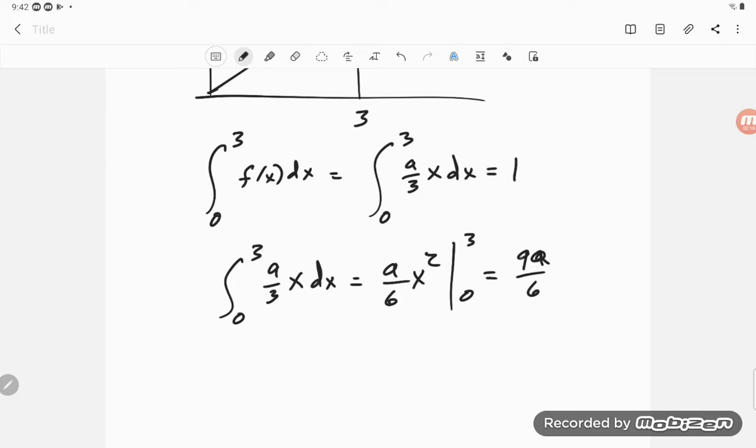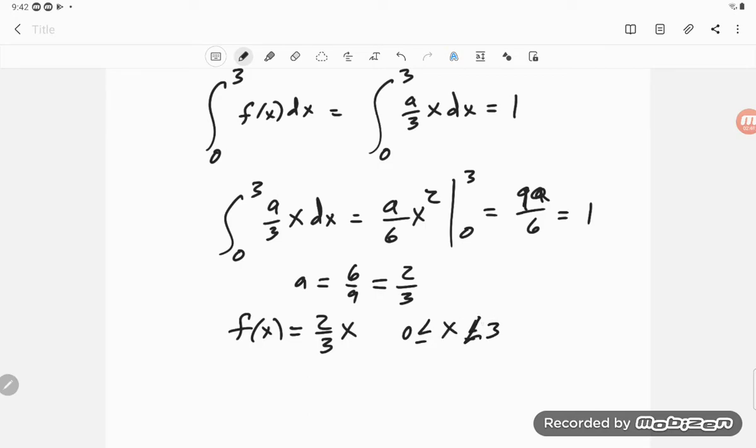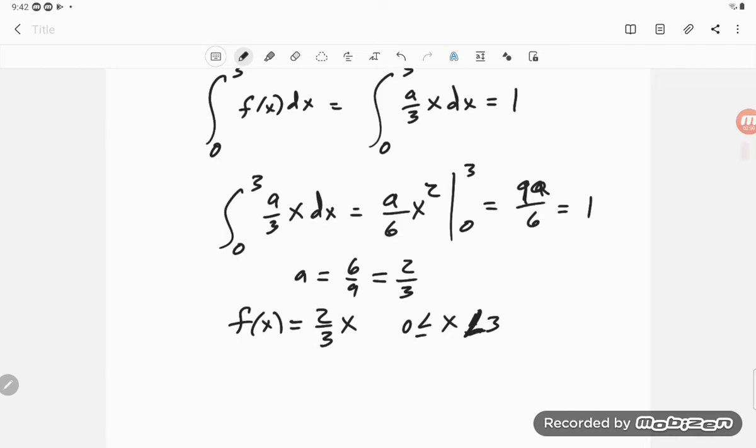That needs to be equal to 1, and so a is equal to 6/9, or better, 2/3. Okay, so we have that our little f of x is equal to 2/3 x, for 0 less than or equal to x less than or equal to 3. Or maybe you'd say strictly less than 3.